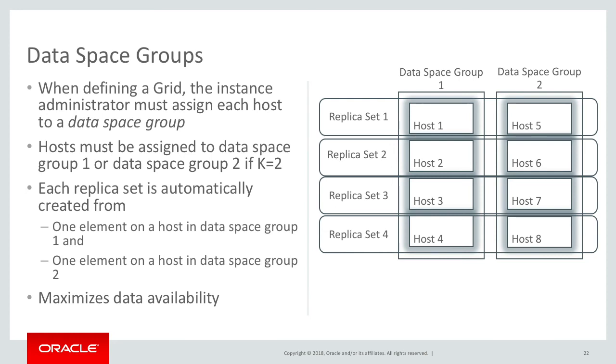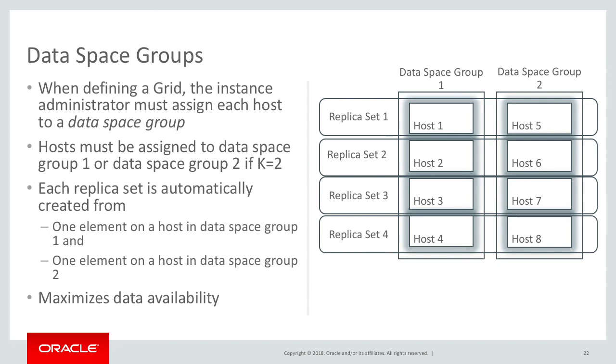Once you've defined these data space groups, then TimesTen makes sure that every replica set consists of an element on an instance on a host in data space group 1 and an element on an instance on a host in data space group 2. That makes sure that there is as much physical separation between the elements in a single replica set as possible, making it as unlikely as possible that both copies of data in a particular replica set will go down simultaneously.